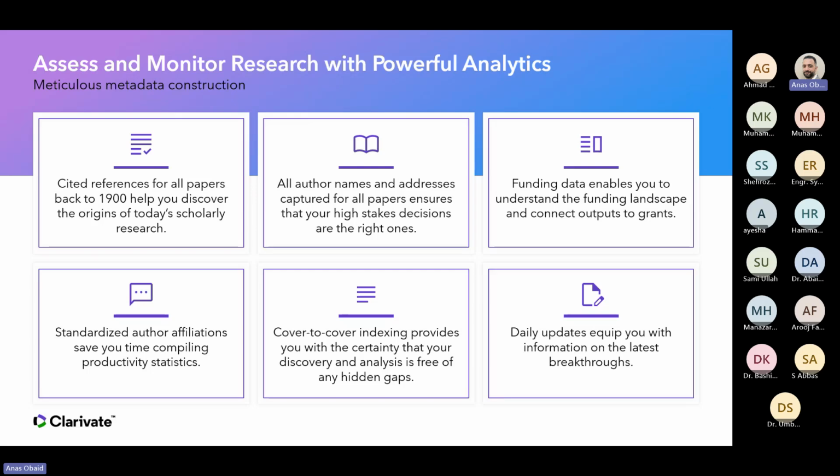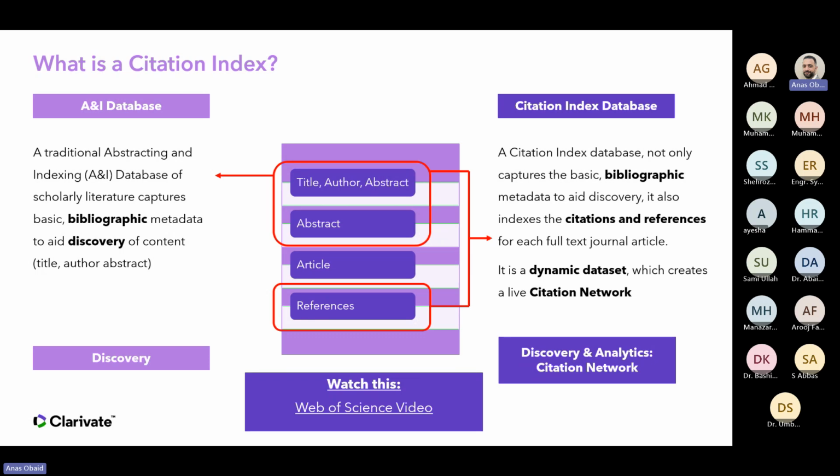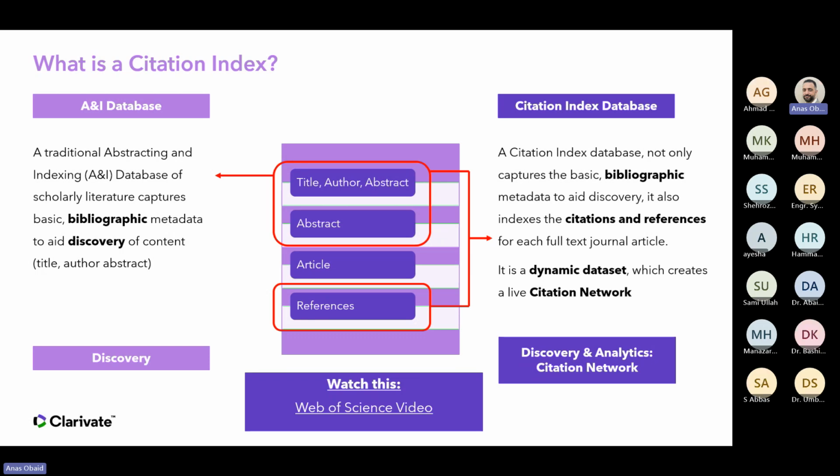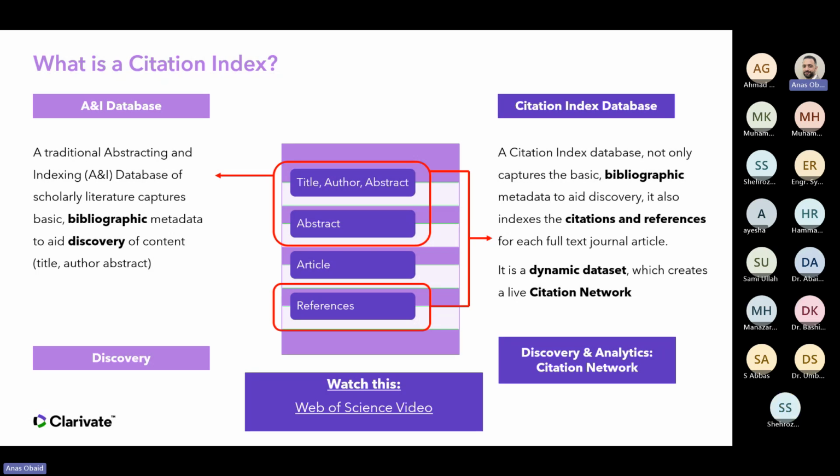I'm mentioning citation index a lot. So if you are not aware what a citation index is, and the difference between a citation index and a normal abstract and indexing database: in a normal abstract and indexing database, you will find the basic bibliographic metadata, which is the article title, the author, and the abstract.